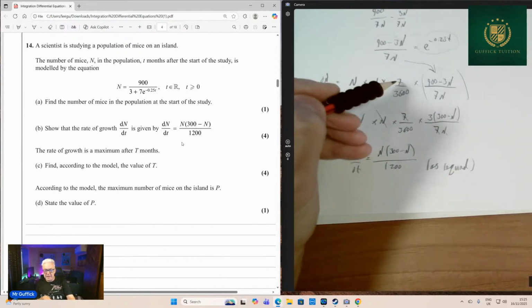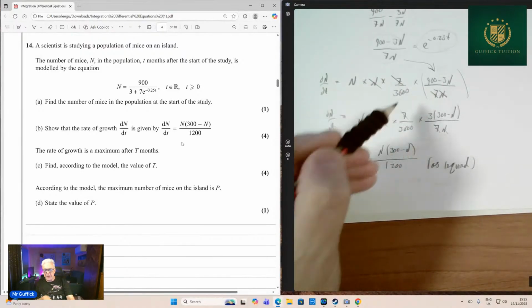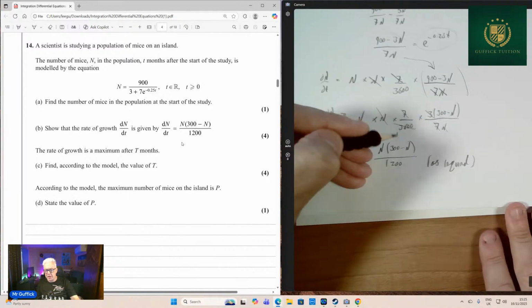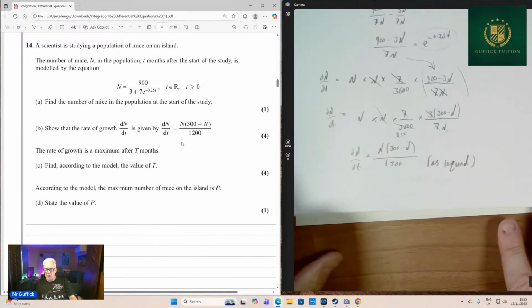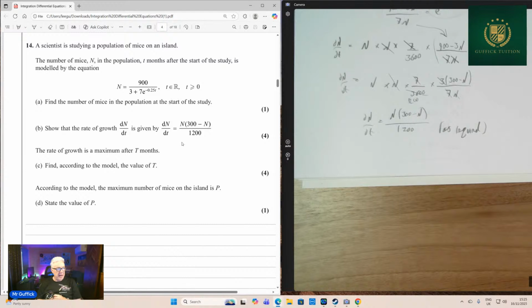And then the 7s cancel there. One of the n's cancels there. That factor of 3 cancels with 3,600 to become 1,200. And when you boil it down by cancelling those things out, we're left with dn by dt is equal to n times by 300 minus n over 1,200 as required.